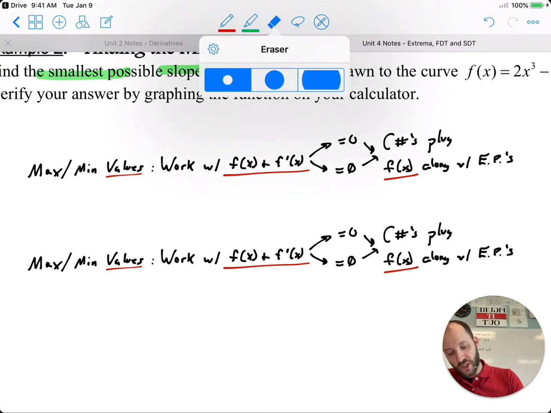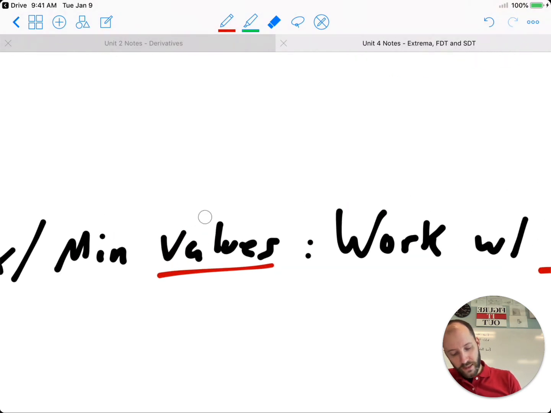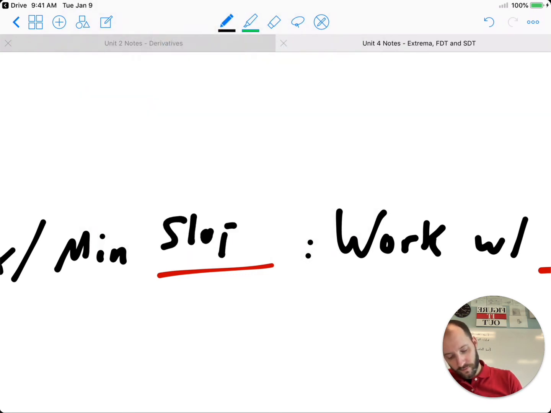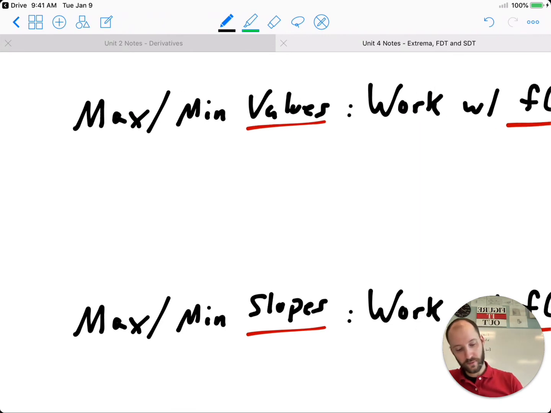But now I'm gonna change just a few things. Instead of values, gonna have slopes. Alright, that's my first difference. Values, now slopes.